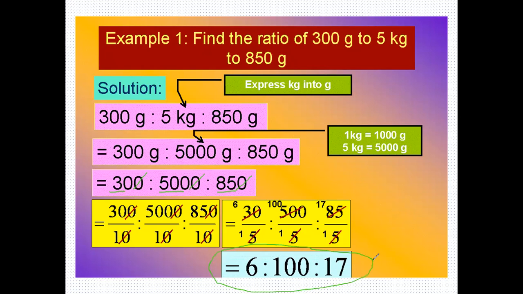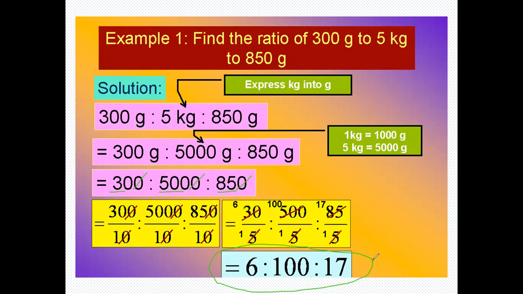Now remember, when we simplify to the lowest term, we divide by the highest common factor, just like a fraction. For example, if this is your fraction, 30 over, let's say 80, they are divisible by 10, so we divide this one by 10 and this one by 10 so that we get 3 over 8 in the lowest term.